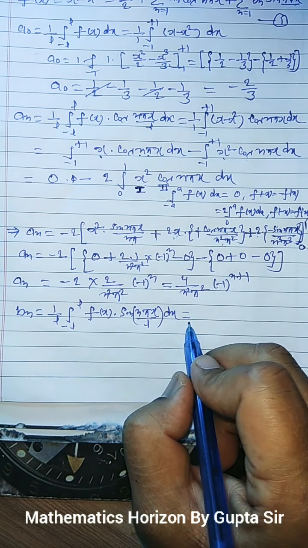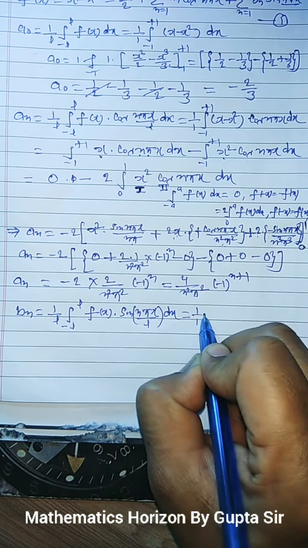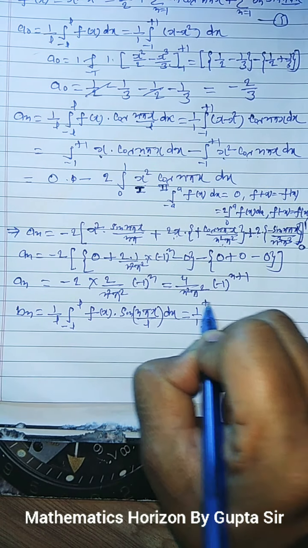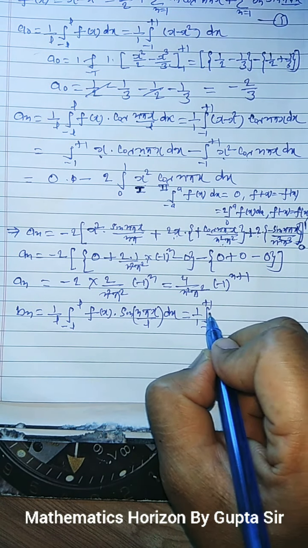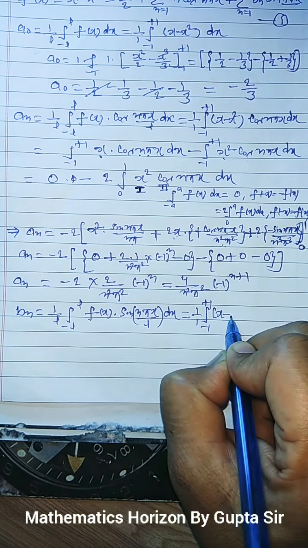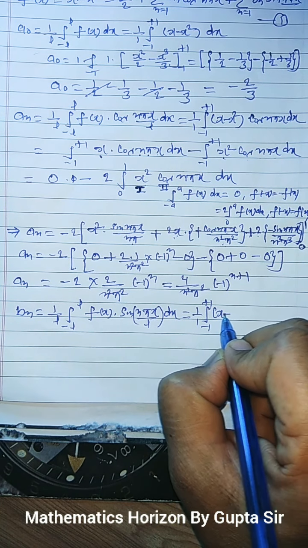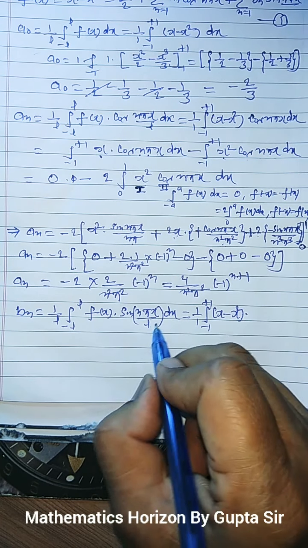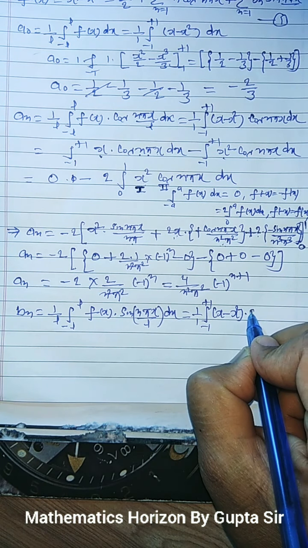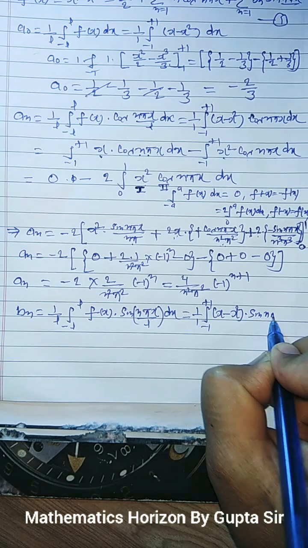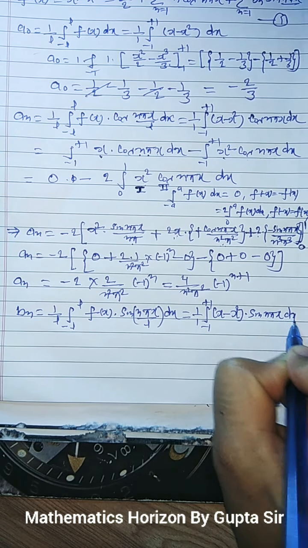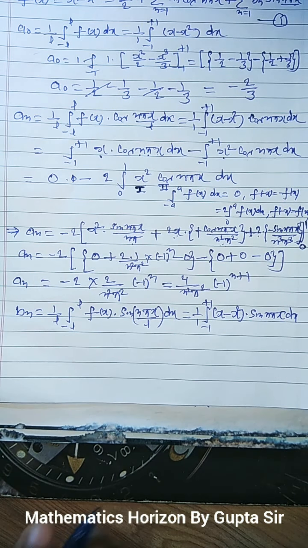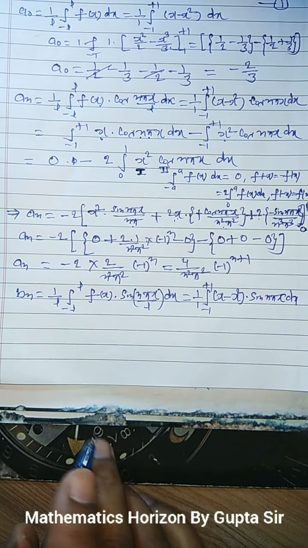Here we have L equal to 1, that is 1 upon 1, and integration is minus 1 to plus 1, and fx is equal to x minus x square, and here L is equal to 1, here we have sin n pi x dx.